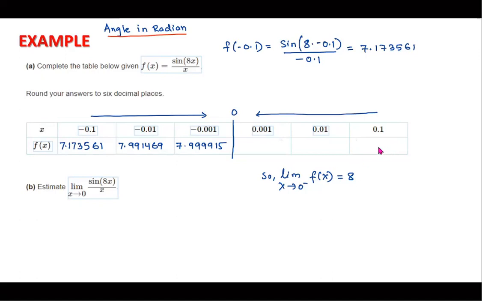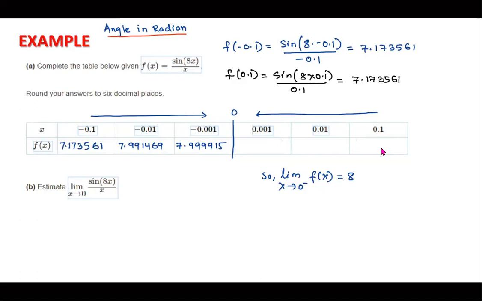So we repeat the process and we find the limit from the right side. If we plug in, let's say, this number, 0.1, into the function, it will be sine of 8 times 0.1 over 0.1. And then if you simplify this using a calculator, you should again get 7.173561. Because this function is symmetric about the y-axis, we get the same value.